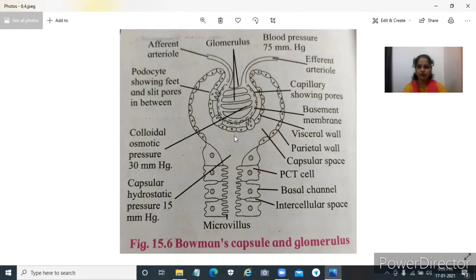So it is GFR. GFR is 125 ml per minute or 180 liters per day. Due to that, 600 ml of blood passes through the glomerulus of each kidney.